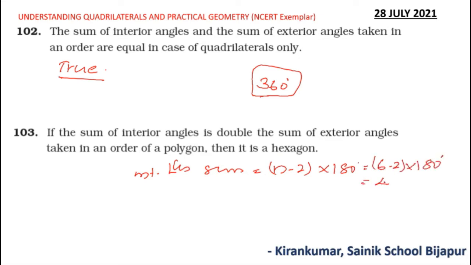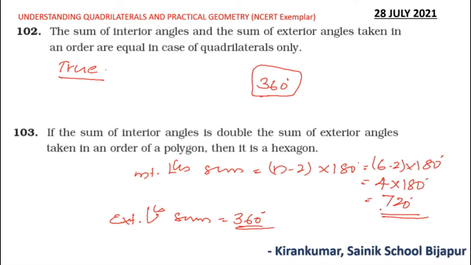We get 4 times 180, which is 720 degrees. When we look at sum of exterior angles, exterior angles sum is 360 degree. Observe it carefully. 720 degree is double 360 degree. Therefore, the given statement is a true statement.